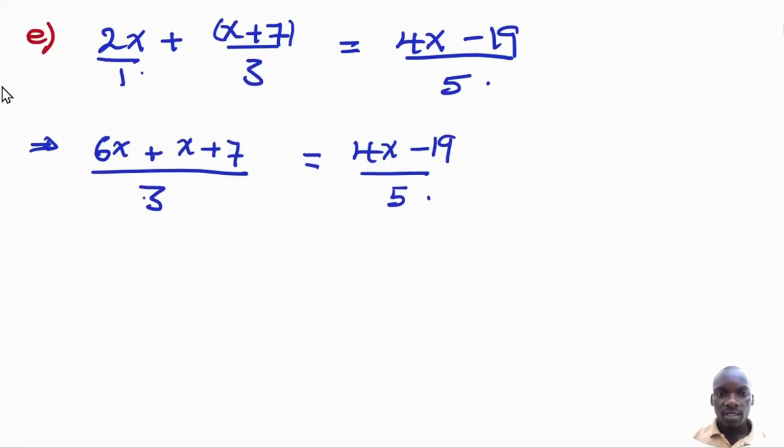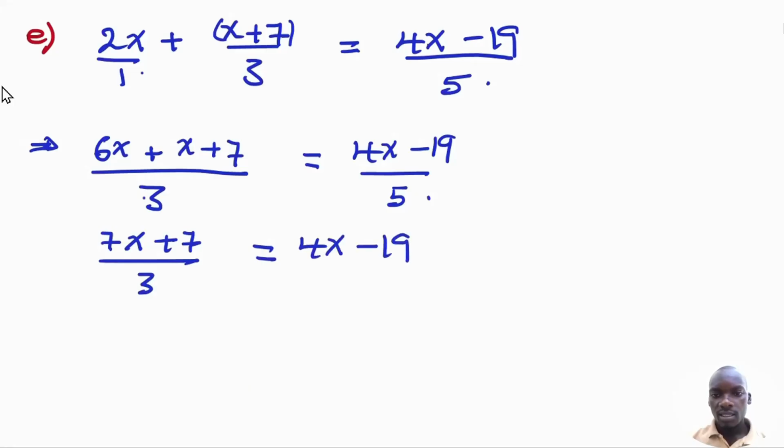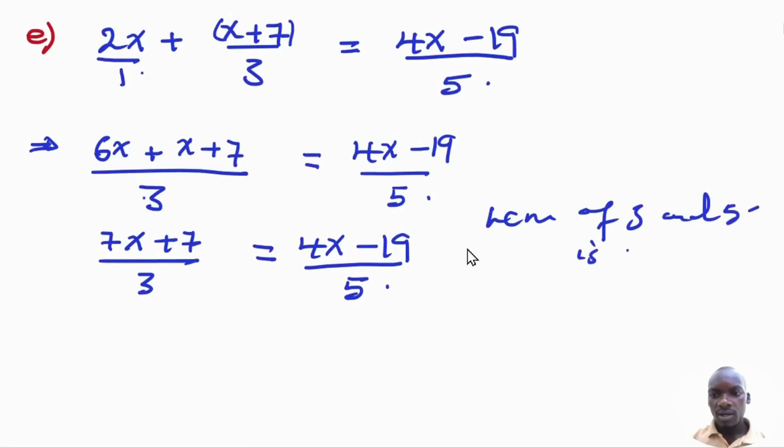Still from here we can simplify. So 6x plus x, that is 7x plus 7, the whole of it divided by 3 equals to 4x minus 19, the whole of it divided by 5. Still from here we can use the LCM. The LCM of 3 and 5 is simply 15.